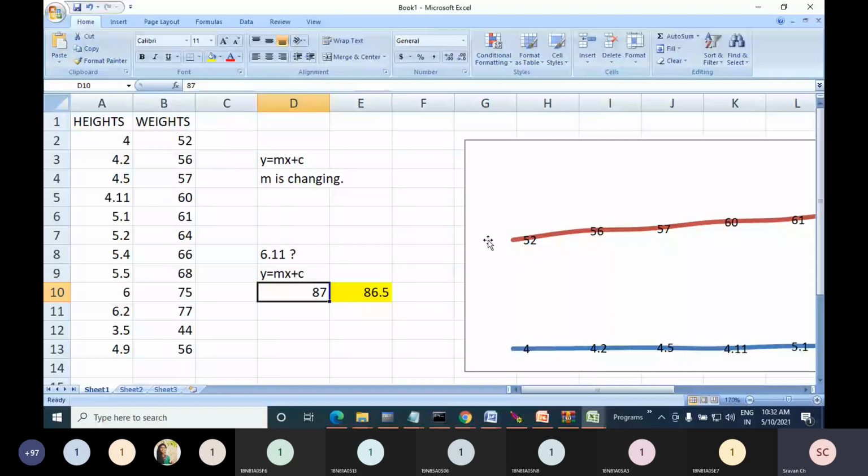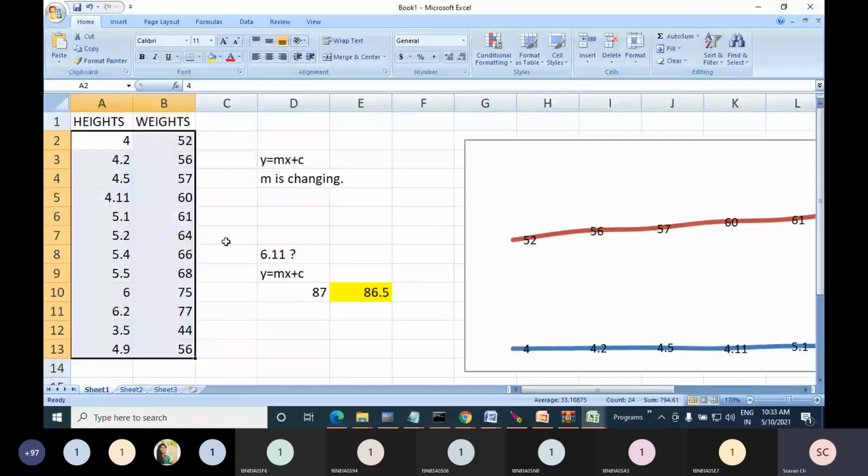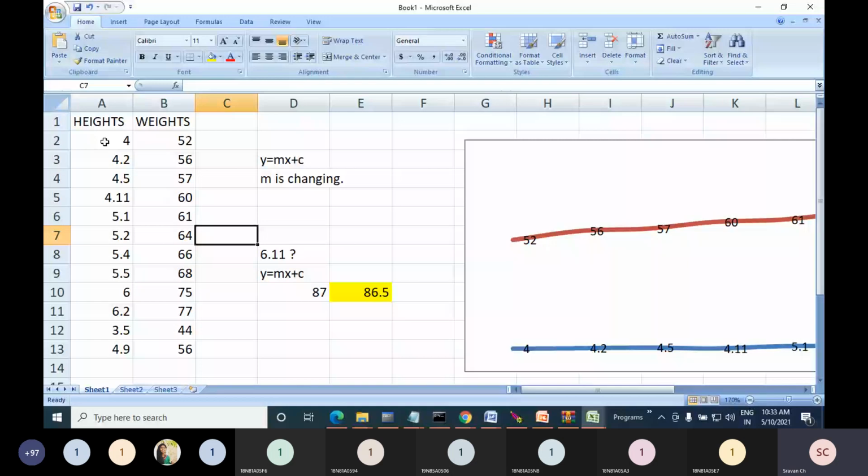Machine learning model. So friends, let us take an example. Suppose I have two variables, one called height, another called weight. Let us assume that these are the correct values which I got from a doctor or some reliable source. So if height is 4 feet, weight should be 52 kg, like that I got some data.